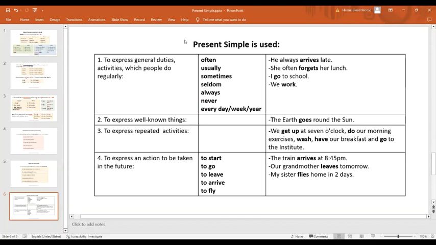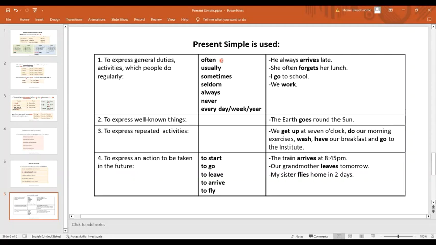I put here these marker adverbs to help you. They help you in any test. They will help you definitely to recognize present simple from different tenses and to put the verbs into the correct form.